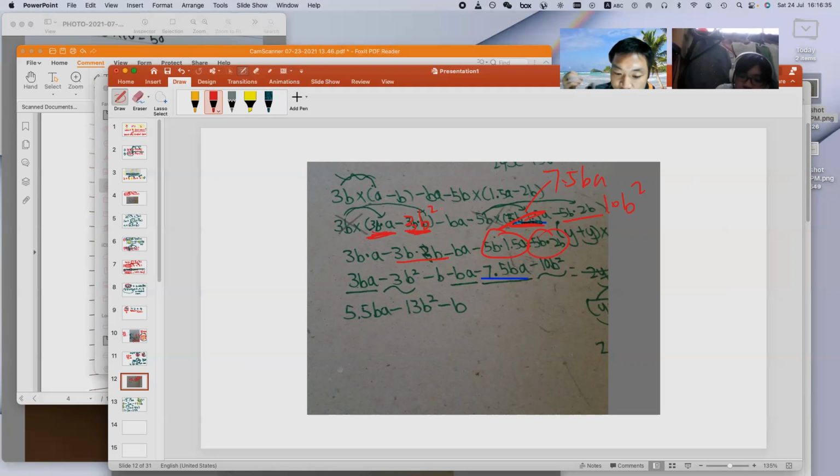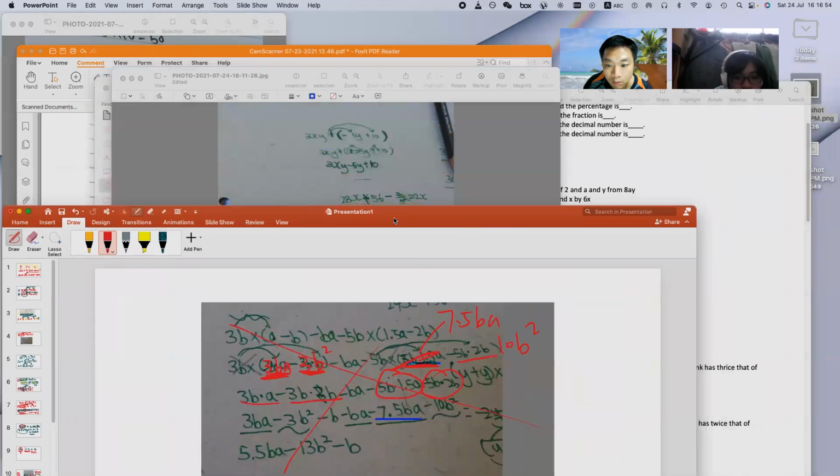So always simplify, like 3ba here. Just simplify into 3ba. That's all. Why you want to write 3ba again? Don't. When you can simplify, and then open a bracket. Do it now. Redo the entire question. I don't accept this. Redo this entire question. Now.